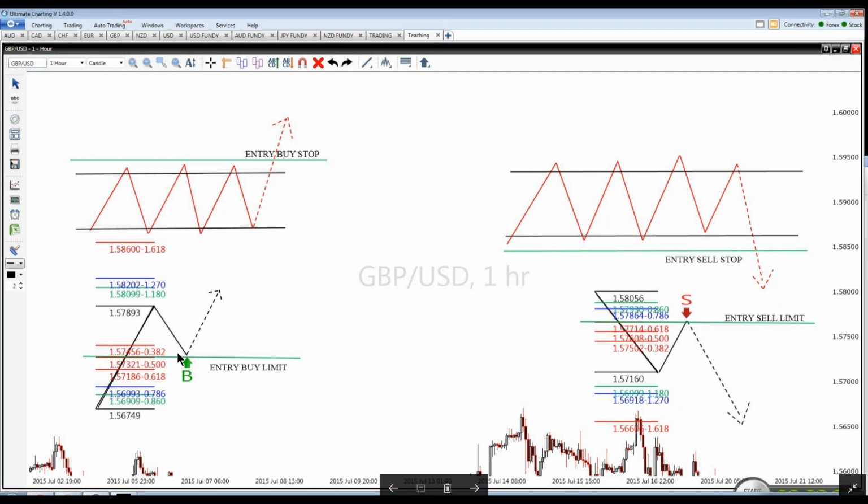I'm okay with the risk. I'm expecting the market is going to touch that price and turn around and resume going in the general trend direction.